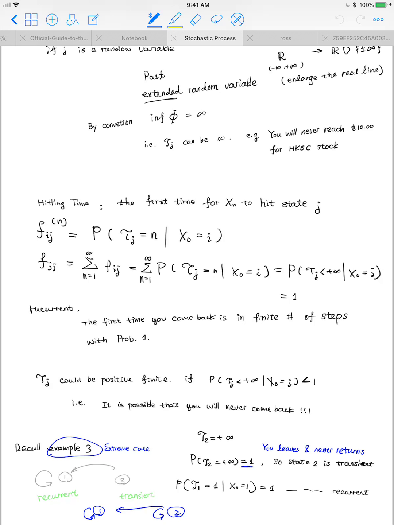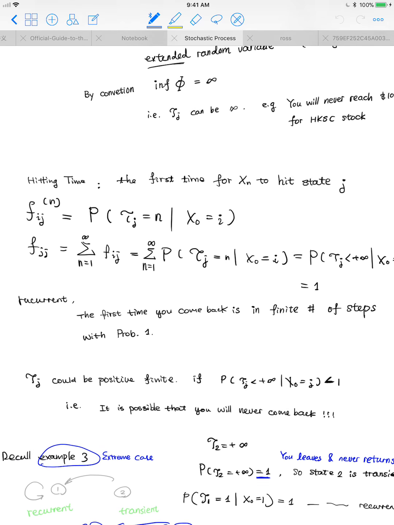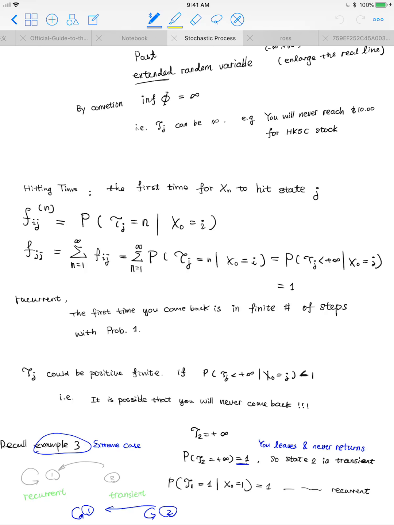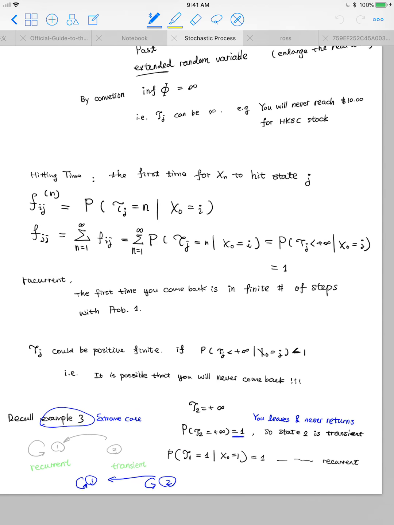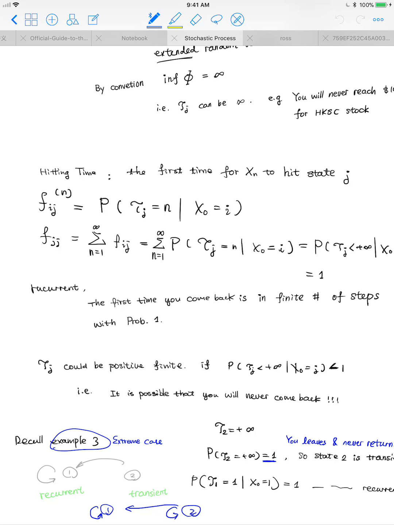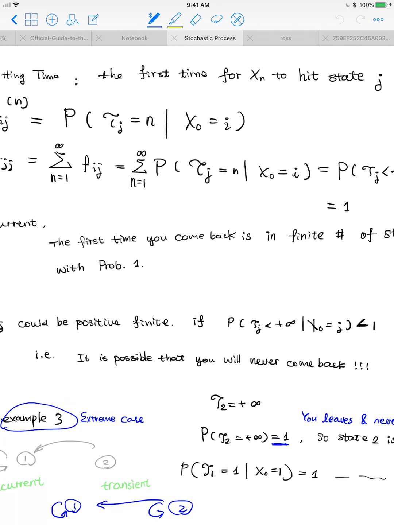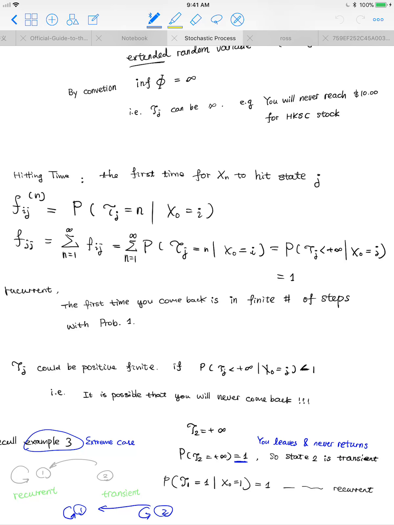You could interpret it as: once you are patient enough, you will see the time when I'm coming back. However, a state is transient when tau j can equal positive infinity. So if it is possible that I will never come back, then that is said to be transient.